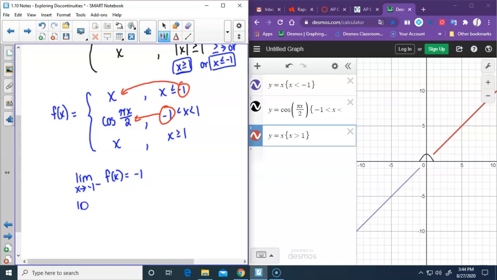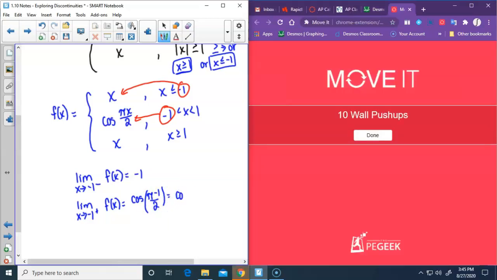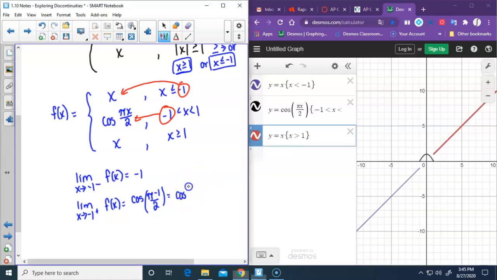But our limit as x approaches negative 1 from the right of f of x, that would be the cosine of pi times negative 1 over 2. So that's cosine of negative pi over 2.